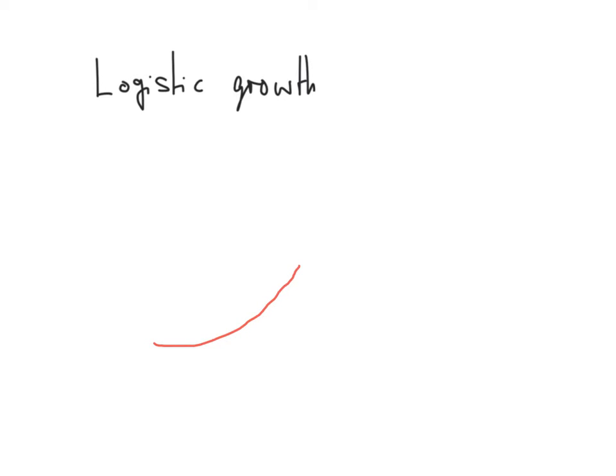At some point, there are outside factors which inhibit growth beyond a certain level, right? So, for instance, a population on an island can never grow beyond a certain level because there's just not enough space for everyone, there's not enough resources for everyone, and so on.